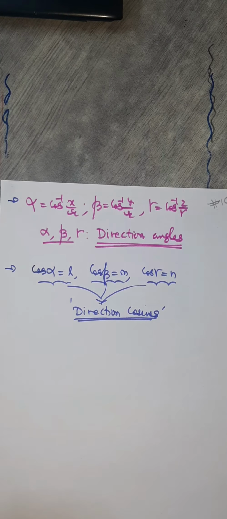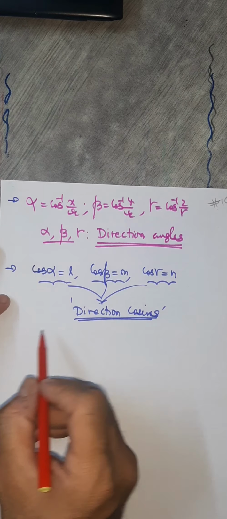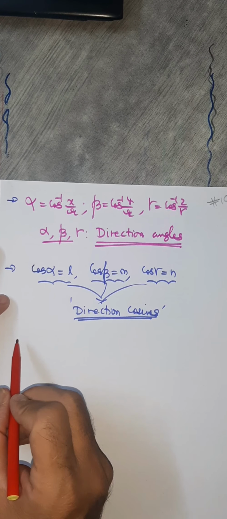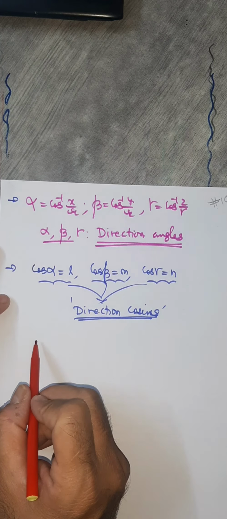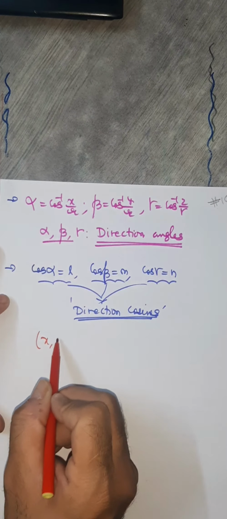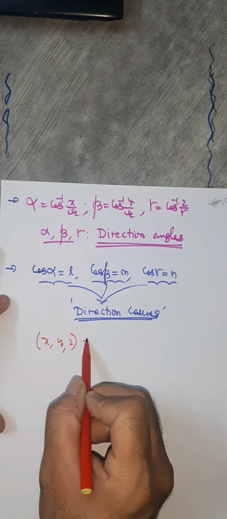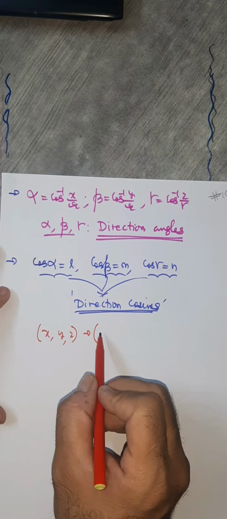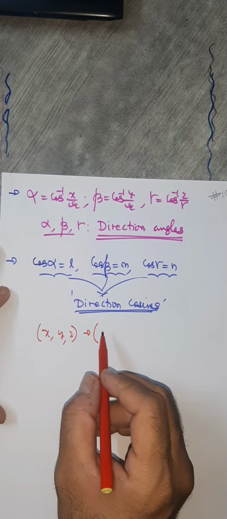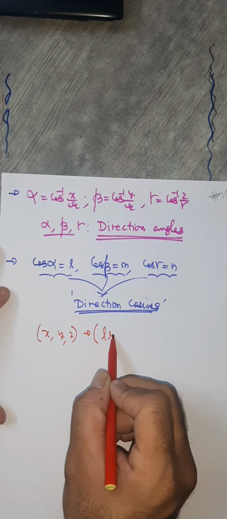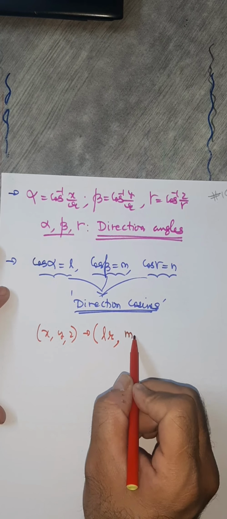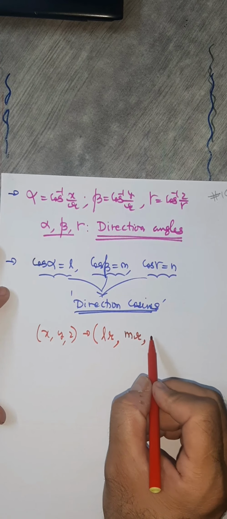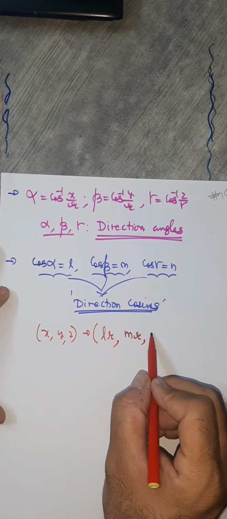So from this, if you rewrite the three components x, y, z, going back to the formula, it will be lr, mr, and the next component is nr, remember.